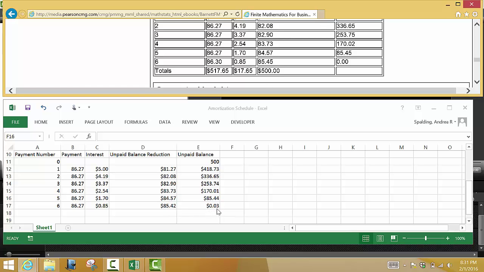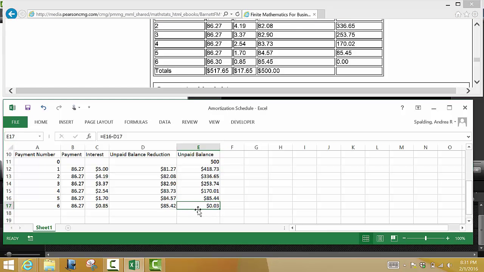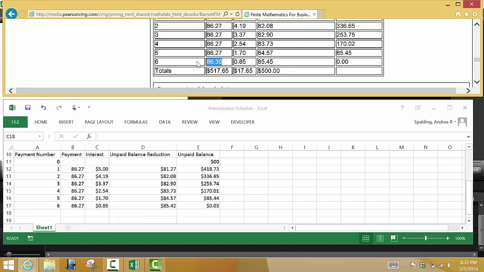We don't want to leave a remaining balance of 3 cents. So they actually take those couple of cents that are left over and throw them into that last payment. So the last payment is actually $86.30, just to make up for the rounding errors along the way, without having a remaining balance of 3 cents.